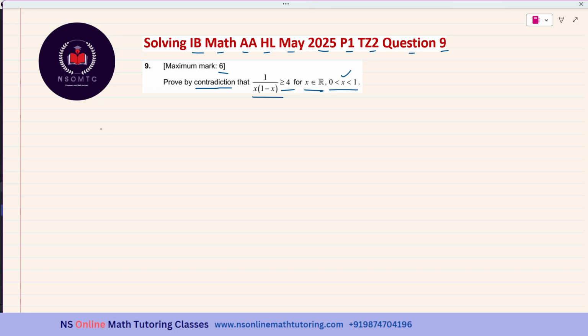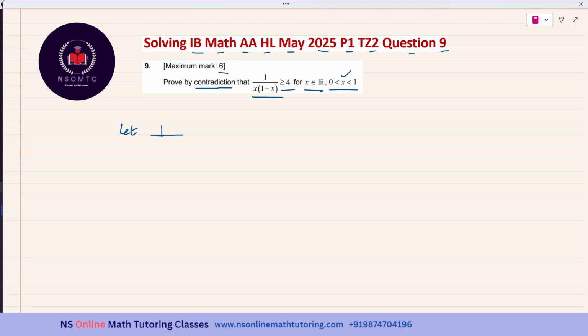Okay, so since we have to prove by contradiction, we will start by assuming just the opposite. They are saying 1 over x times 1 minus x is greater than or equal to 4. We will start with the assumption that it is less than 4, and we will show that it cannot happen.